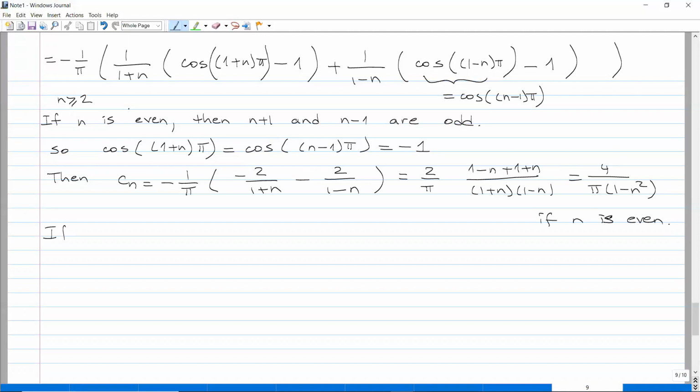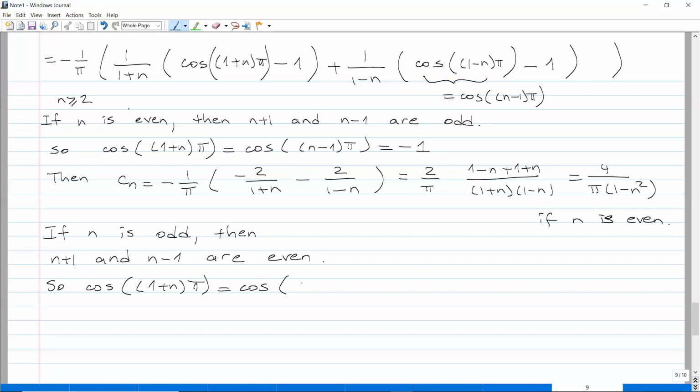If n is odd, then n plus 1 and n minus 1 are even. So cosine of 1 plus n pi and cosine of n minus 1 pi are both 1.